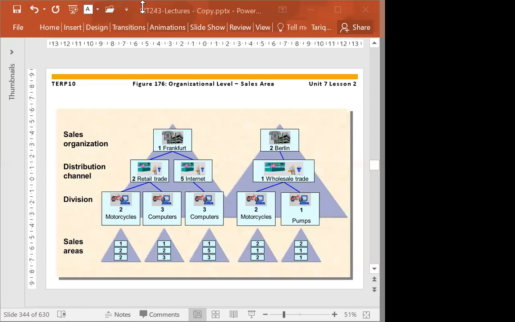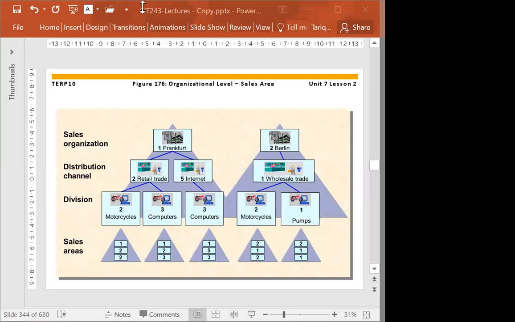Whenever the Miami guy makes a sale, he will be entering his sales organization number through the distribution channel, whether the sale was through internet or through wholesale, and then from which division this sale has happened, from motorcycle or bicycles or computers or something like that.